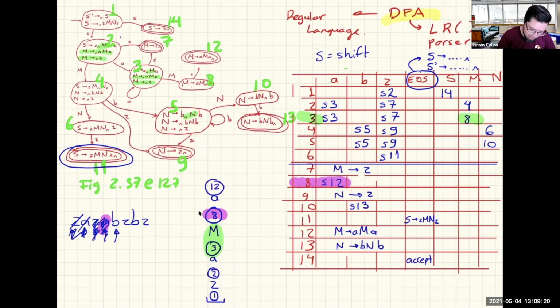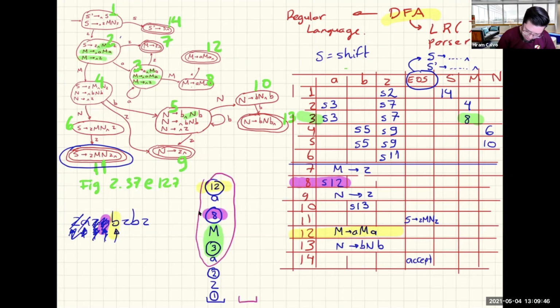And now we have 12 and B. So if we go to 12 and B, we see a replacement again. And please remember that we will have replacement just backwards. AMA goes to M. If we watch carefully our stack, we do have AMA here. So we will change all that for M.